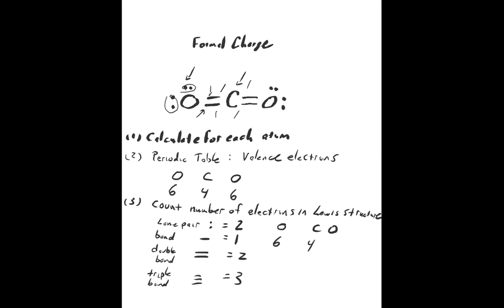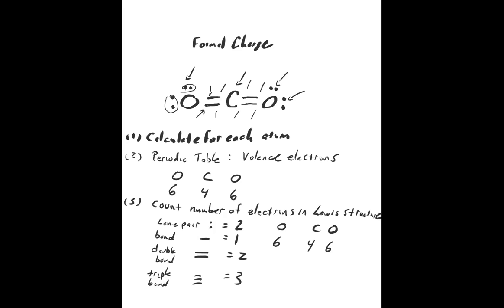But in terms of formal charge, you only give it 1 of those 2 electrons, so it only has 4. And then the oxygen on the right, it has a lone pair and another lone pair, so that's 4. And then it has 2 bonds, so that's 6. Okay? So now we've done our second calculation. We've figured out how many electrons each atom has. Now we're ready to do the formal charge calculation.